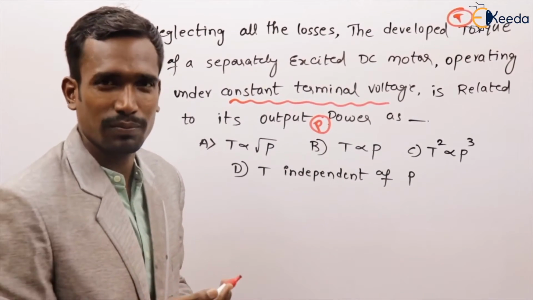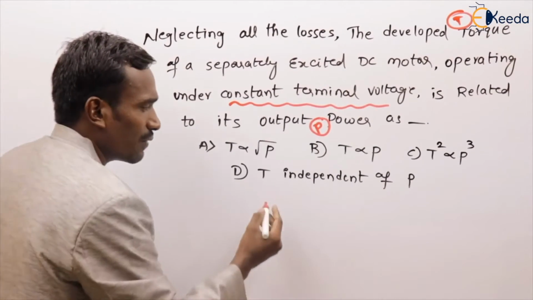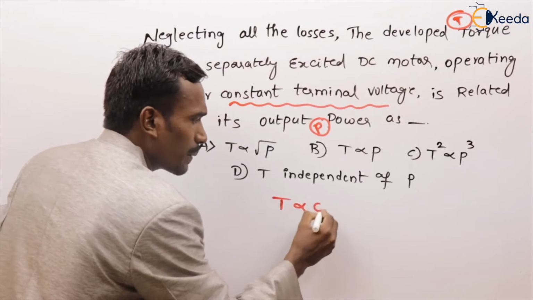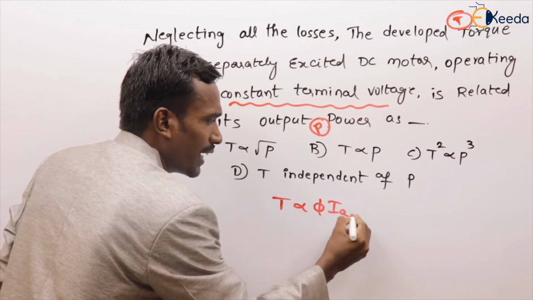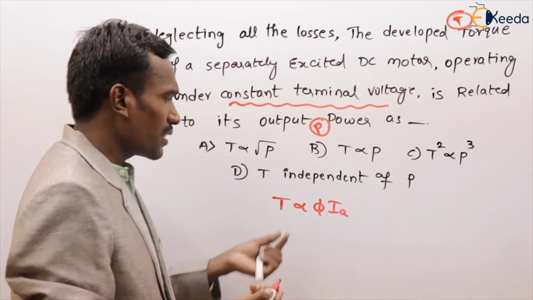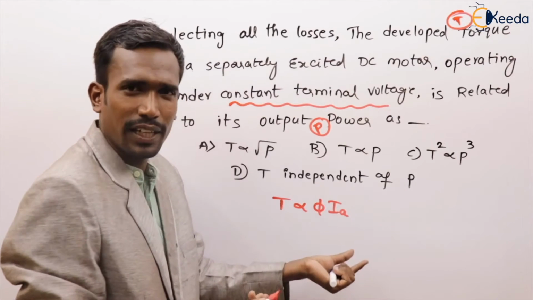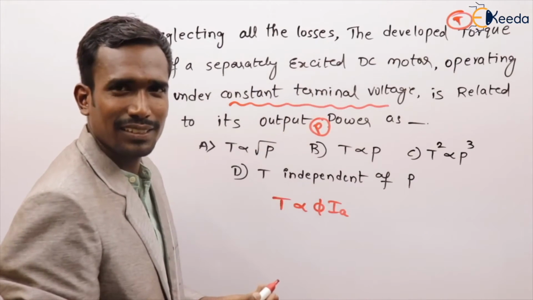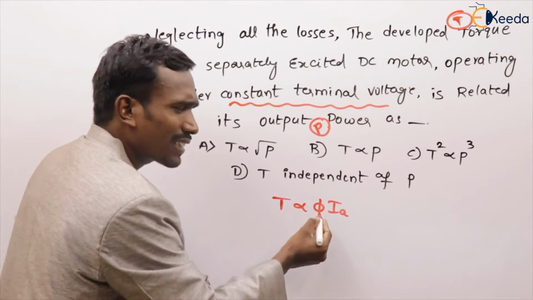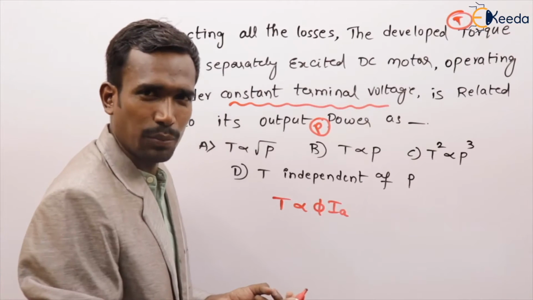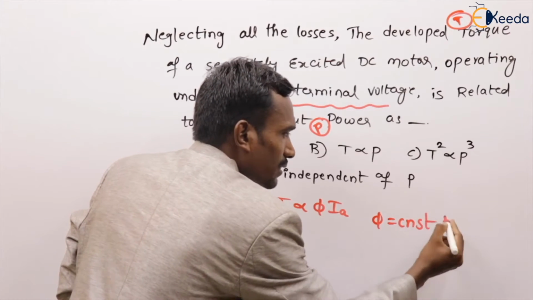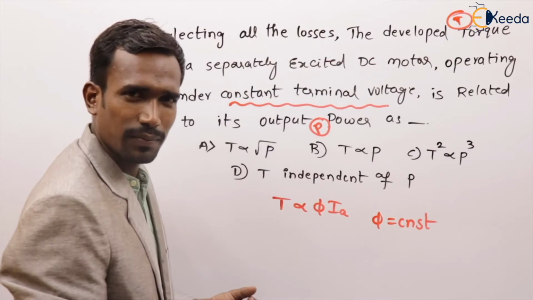That is my question. Generally we know that in our DC machine, torque is directly proportional to phi into Ia. They said it is separately excited, so the flux is constant in a separately excited motor.